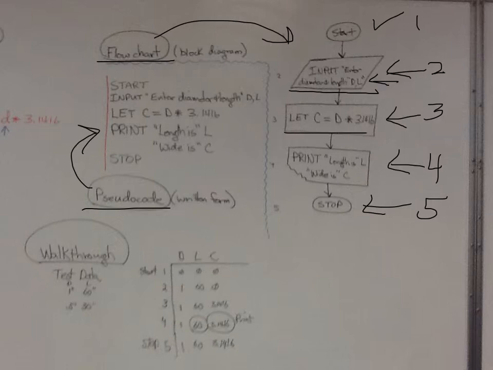And then this is important. In order for a computer, these pieces, so we have the processor. The processor is going to get an instruction from memory. So let's say it's got instruction number 2. Then it's going to gather the D and the L, and it's going to have a place in memory where it's going to put those values.